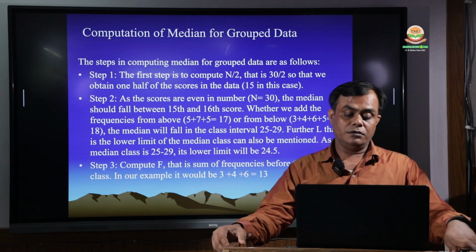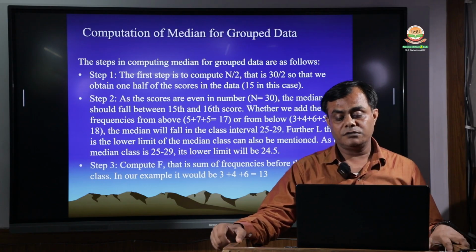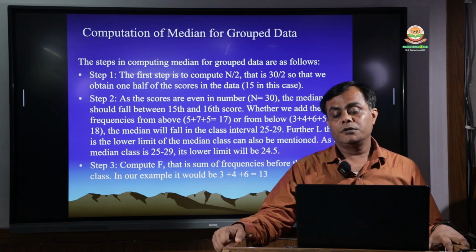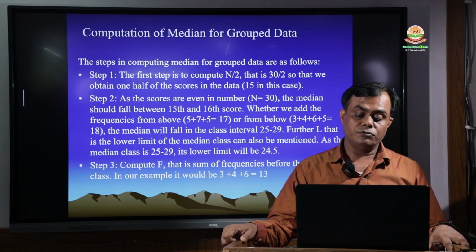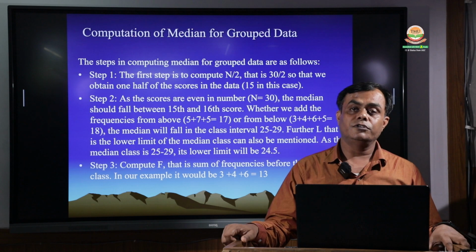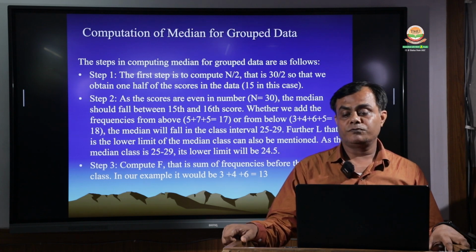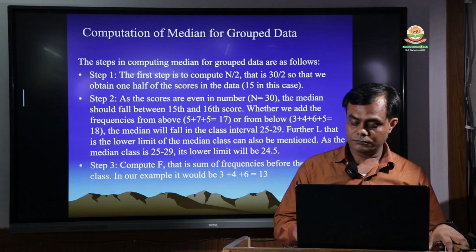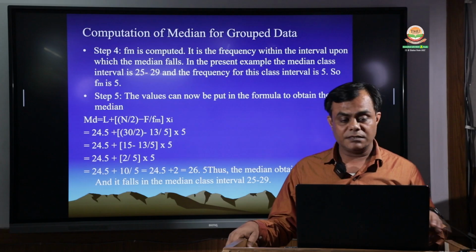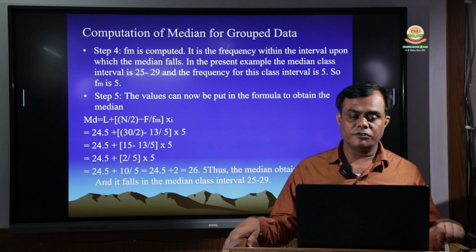Step 3, computing f, that is the sum of the frequencies before the median class. In our example it would be 3 plus 4 plus 6, which is equal to 13. Next step is the computation of median for the group data.